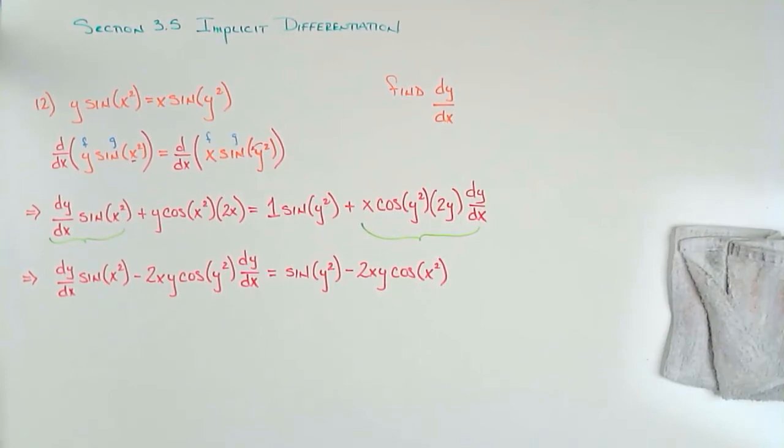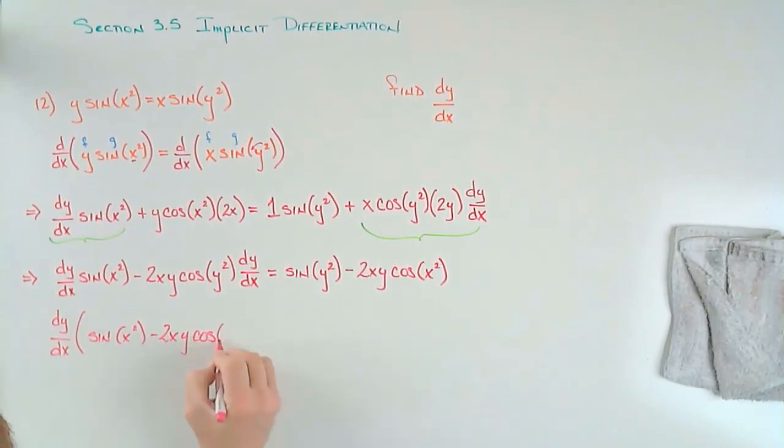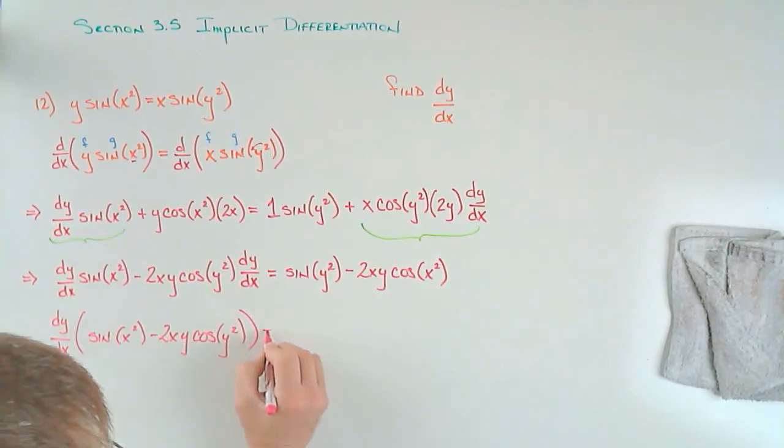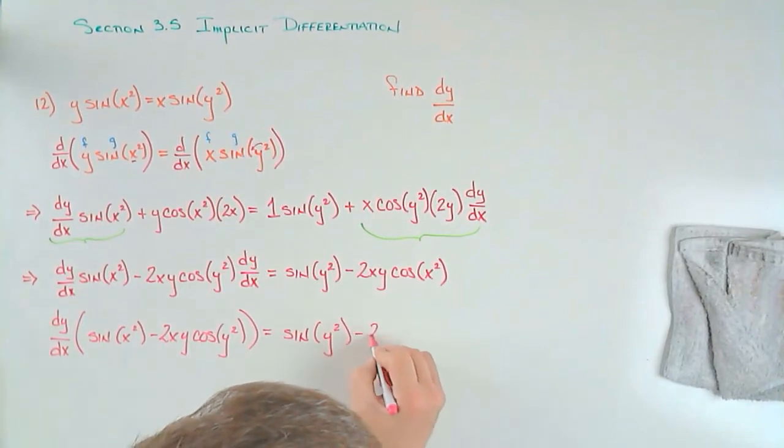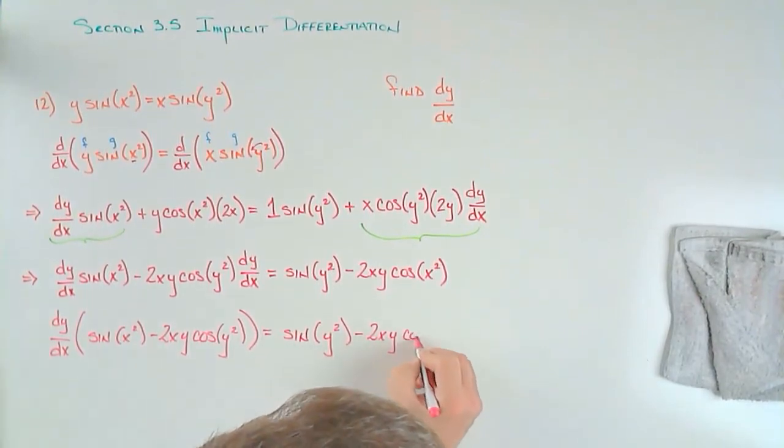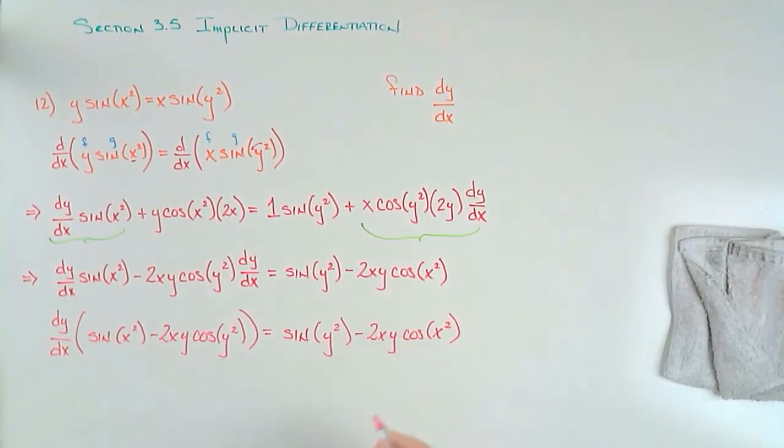So now that we have it separated on both sides, we're going to factor out the dy dx, leaving us sine of x squared minus 2xy cosine of y squared equals sine of y squared minus 2xy cosine of x squared. Now, all that's left, of course, is to take this term and divide it over here. All right, so that's number 12.